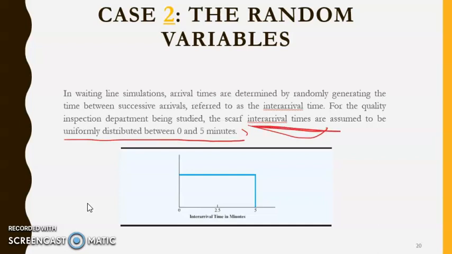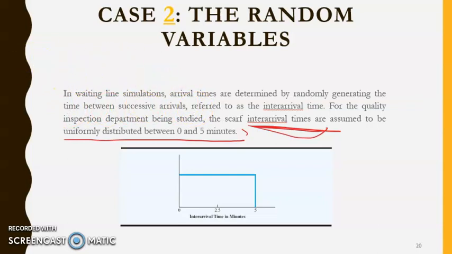But I'm sure now you are wondering about this part that says in waiting line simulations, arrival times are determined by randomly generating the time between successive arrivals, referred to as inter-arrival time.